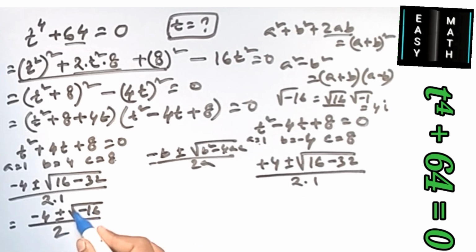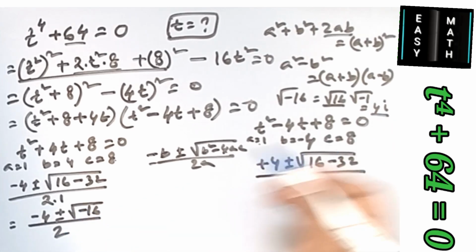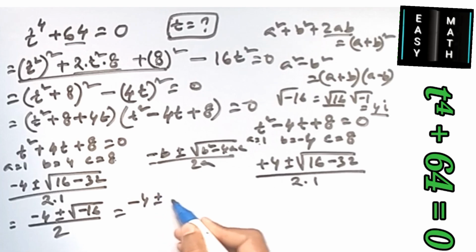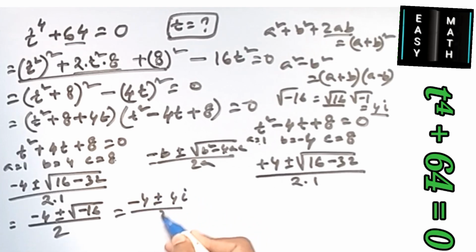So this term is 4i, so we can write minus 4 plus minus 4i, divided by 2. So cutting here, this is minus 2 plus minus 2i.